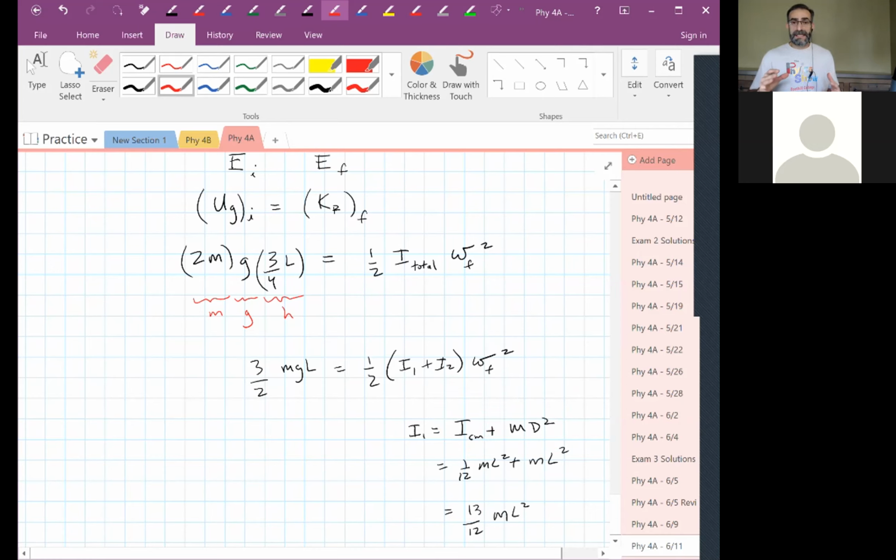The only time we can use center of mass pretty much is for gravity, gravitational potential energy, and torque due to gravitational force. For those cases, we can take our object and make it a point object at the center of mass. But no other case can we do that. Definitely not for rotational inertia.